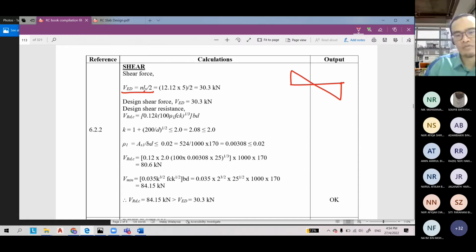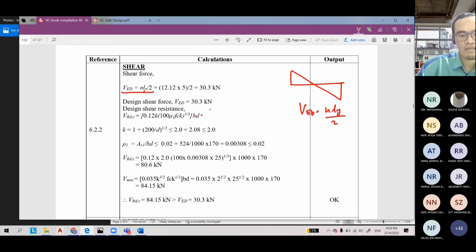If you go, you check for VEd equal to nLy over 2. It will become larger, right? So you better check for the largest actually. You check for the largest, and the d is the d of the largest one.